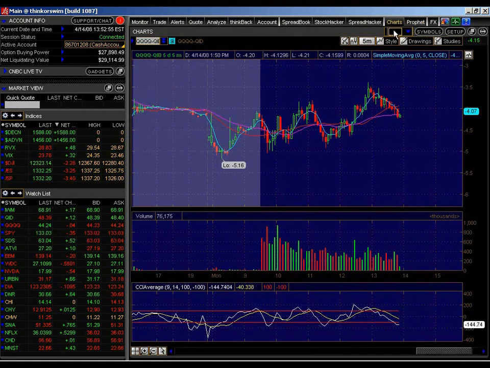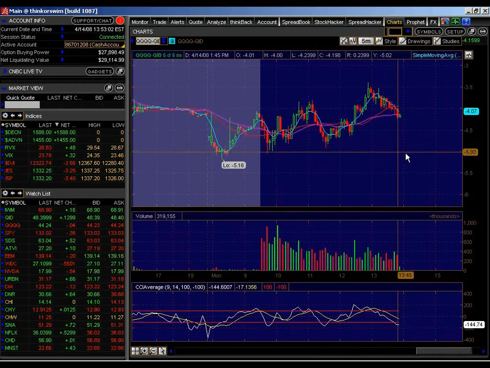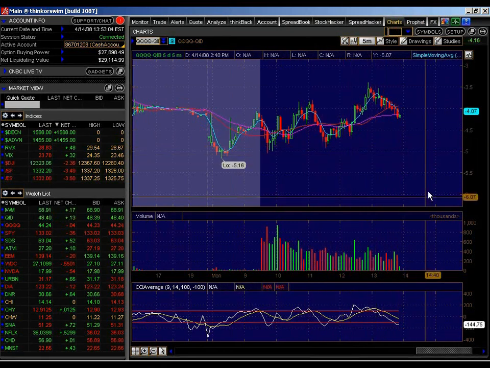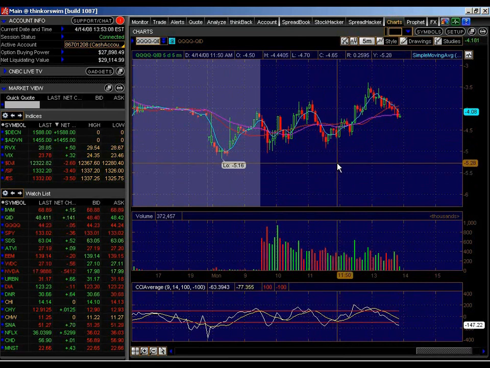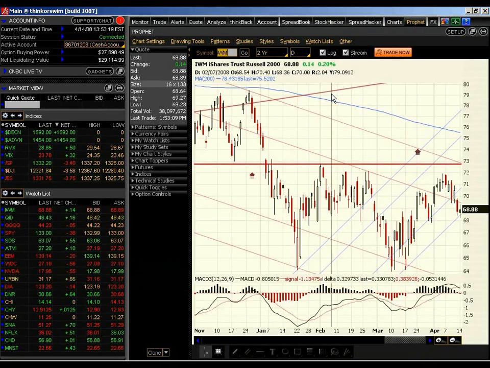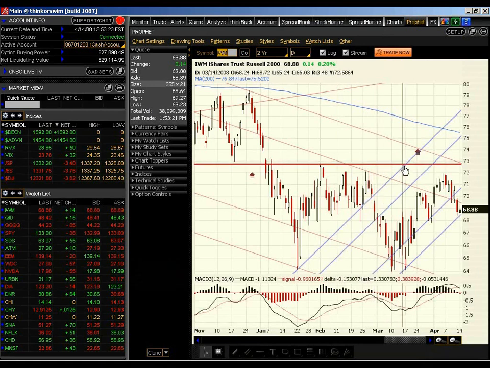I have the charts that TOS provides, but I have it preset for the technical analysis, a quick review of the market direction that I showed you in the videos on using the TOS platform. So normally when I take a look at an index or a stock, I'll use the profit charts. Now, what we have right here is major overhead resistance right around the 73 area.